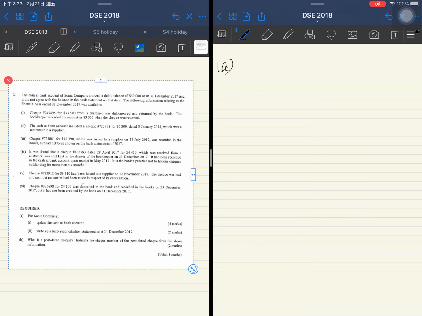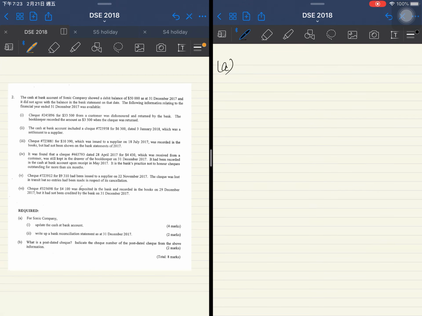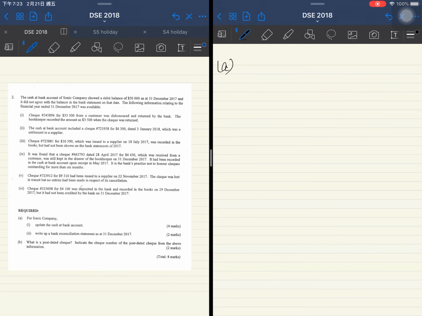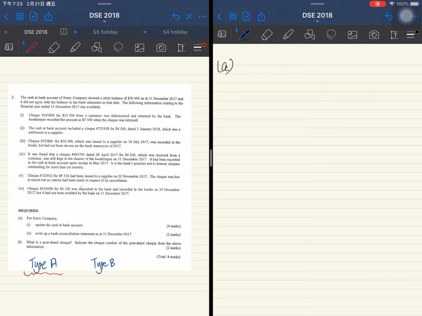For doing bank reconciliation statement, the first thing we have to do is to make sure of the approach, the process, for this kind of question. We have two types, type A and type B. For type A, I will use red pen.